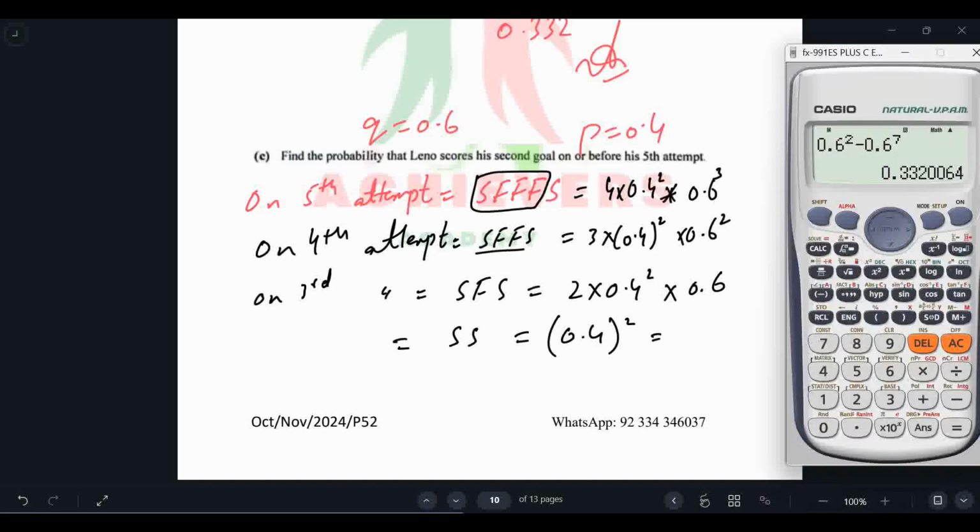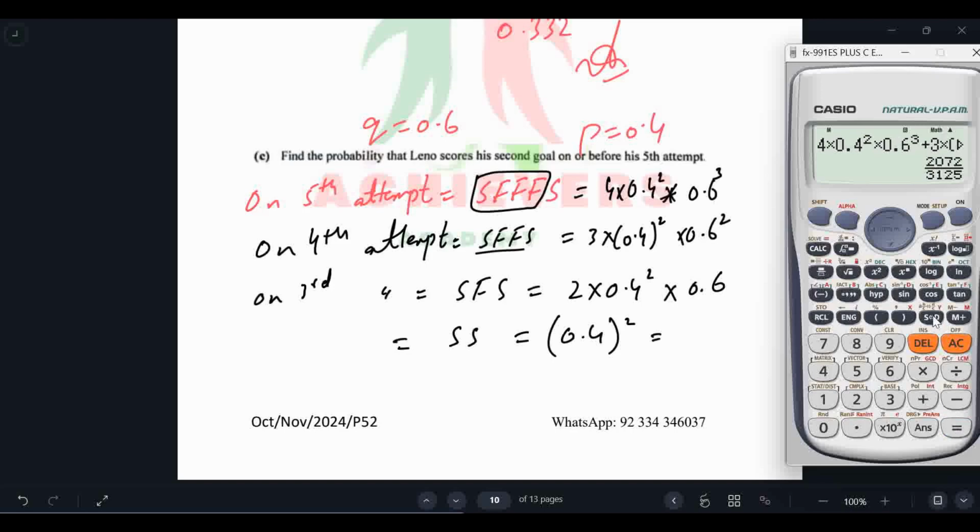Now if we calculate it on the calculator, we can get the final answer: 4 multiplied by 0.4 square multiplied by 0.6 cube, plus 3 multiplied by 0.4 square multiplied by 0.6 square, plus 2 multiplied by 0.4 square multiplied by 0.6, plus 0.4 square.